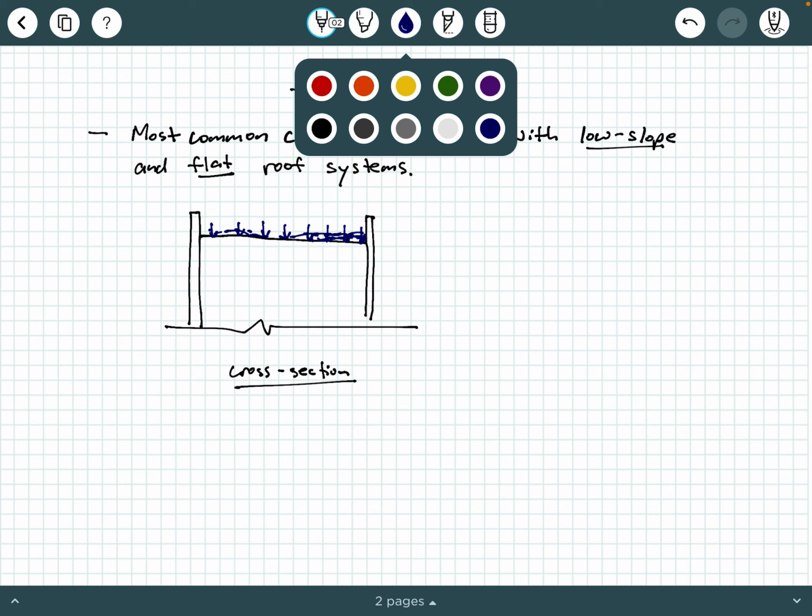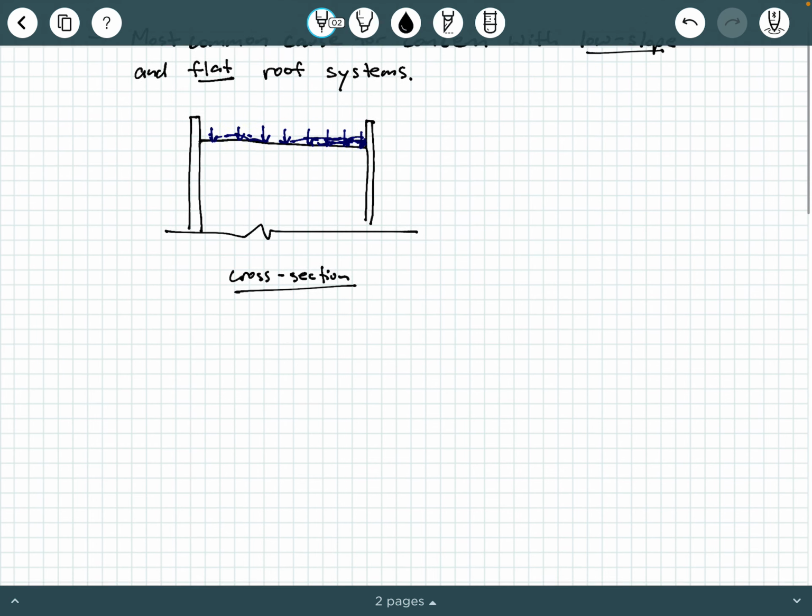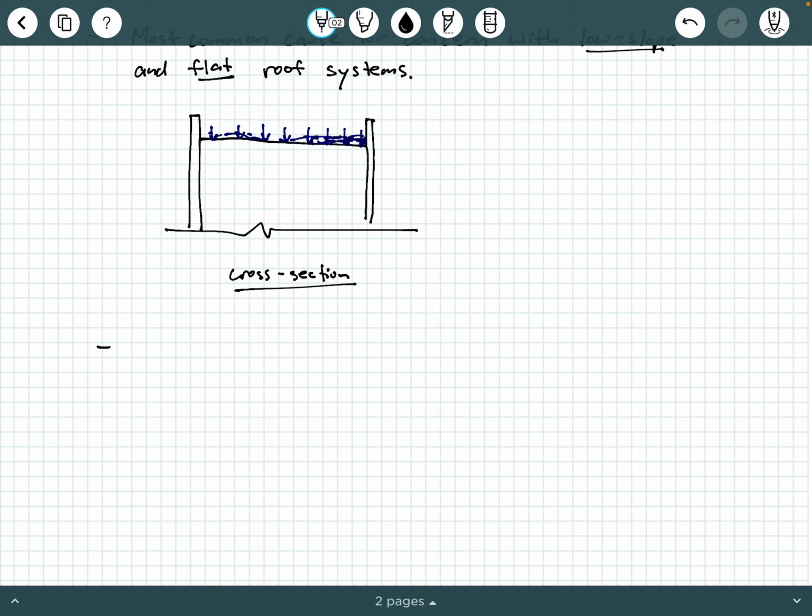So what do we need to know about these kind of cases? Well, most of these low slope and flat roof systems have what's called a primary drainage system and a secondary drainage system. Okay, so we'll write that down.